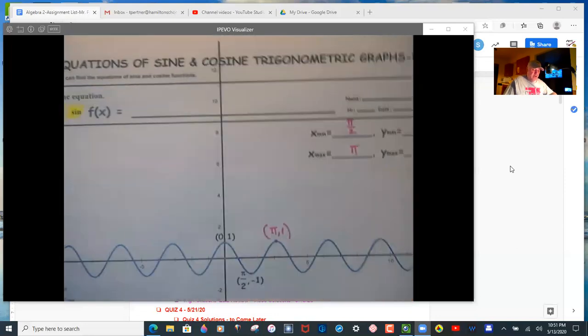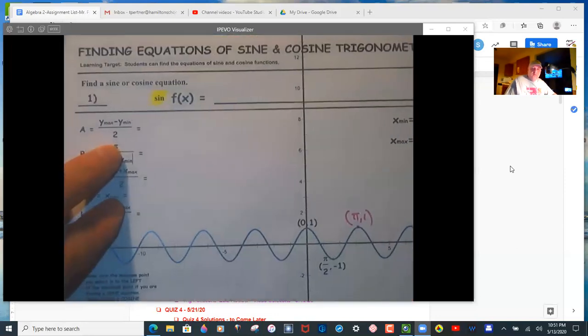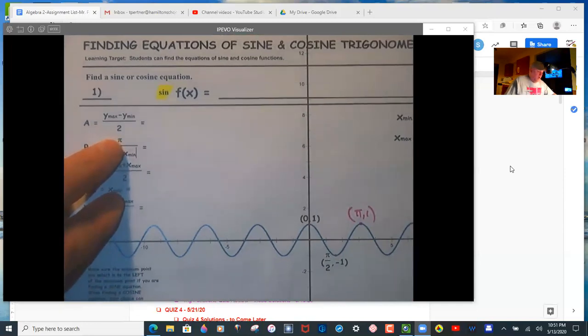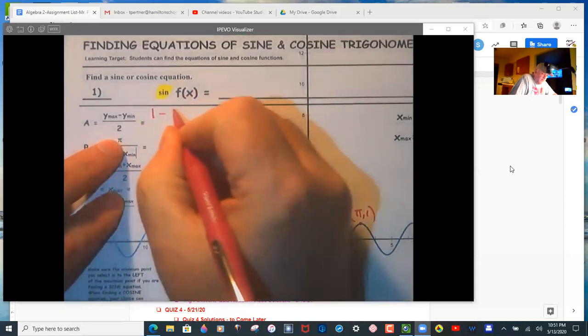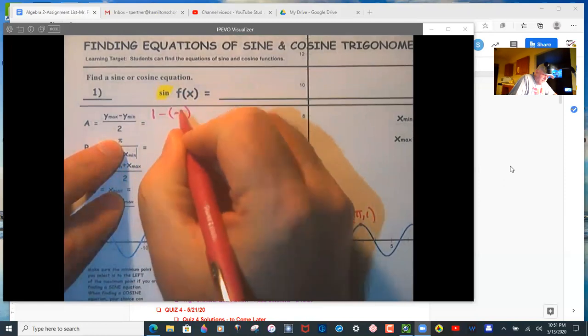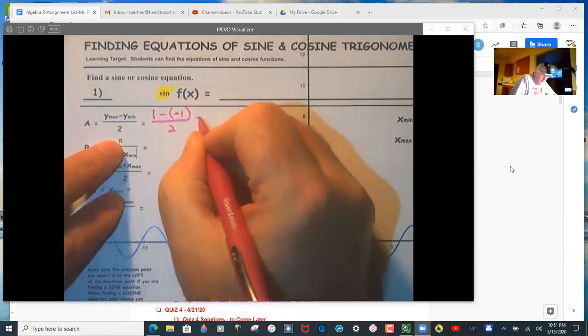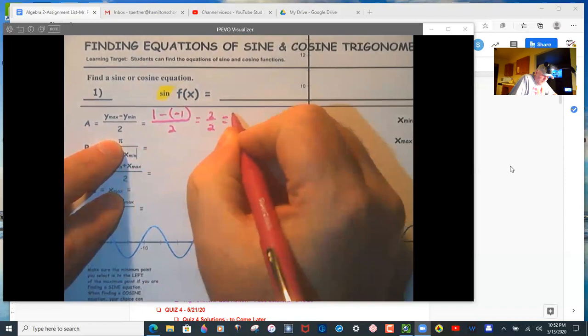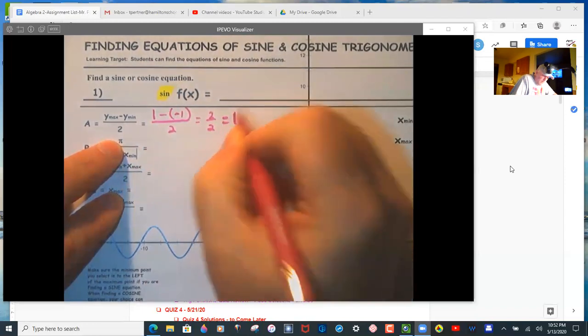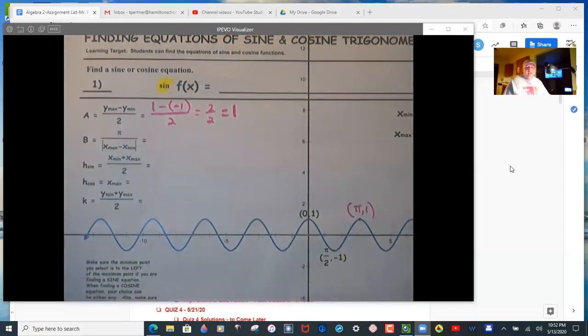So what this involves is just coming over here and using these four in these calculations. So our y max is 1. Our y min is negative 1. So this is 2 over 2, which is 1. Now, you didn't need to do that because A is the amplitude, absolute value of A. And that's the height of either half.